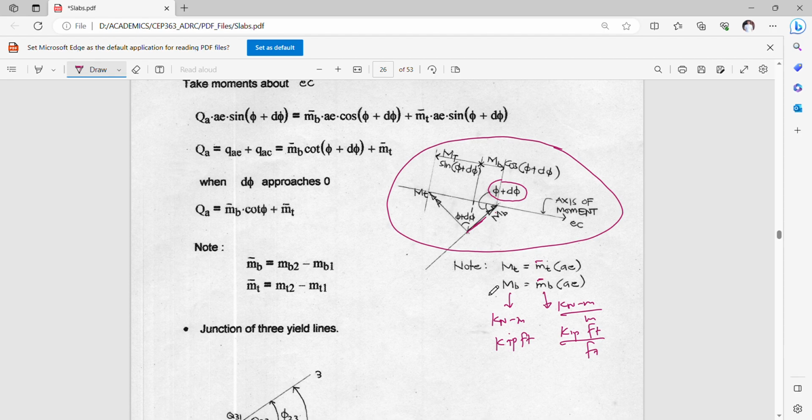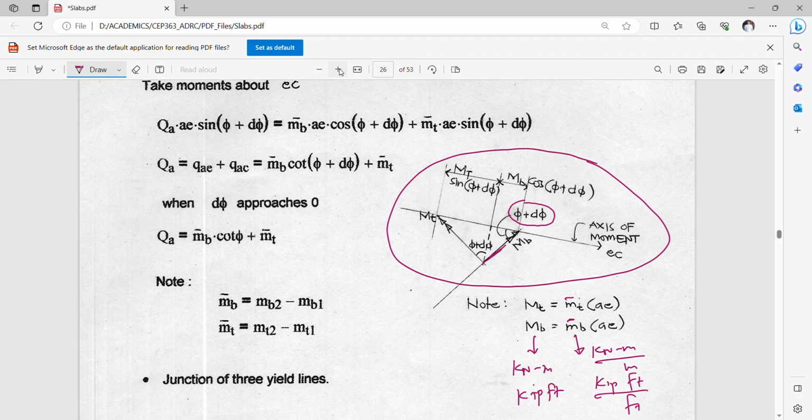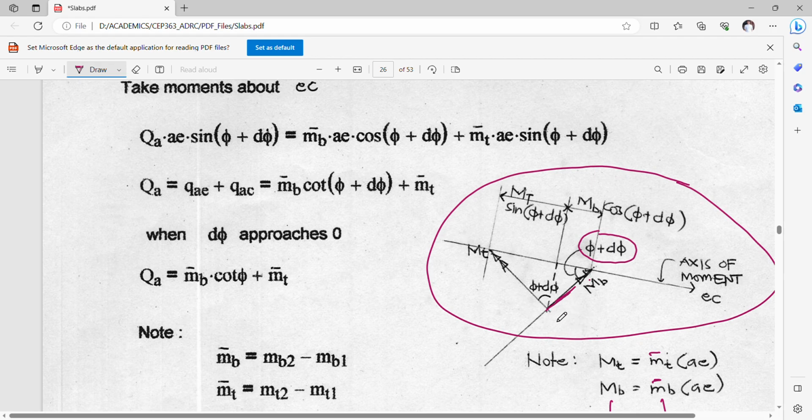So if we take a look at this triangle now, we have been using a double arrow symbol here. Double arrow means your thumb is directed to the arrowhead, and the curl of your fingers will be the basis of your moment direction. So if I make use of this and I want to resolve it, because I want to take this as my axis of moment, then my phi plus dphi can actually be made congruent to this angle here.